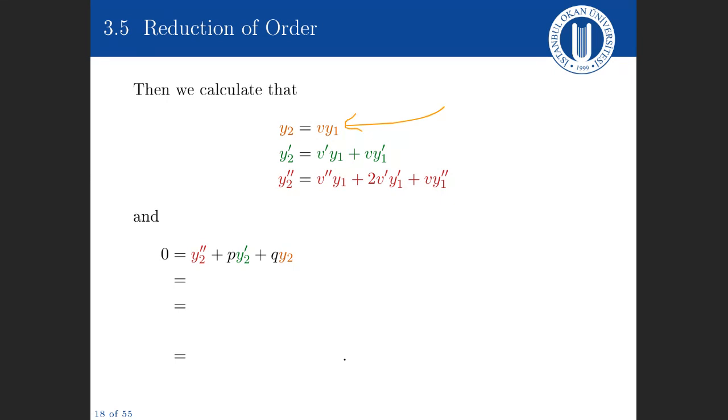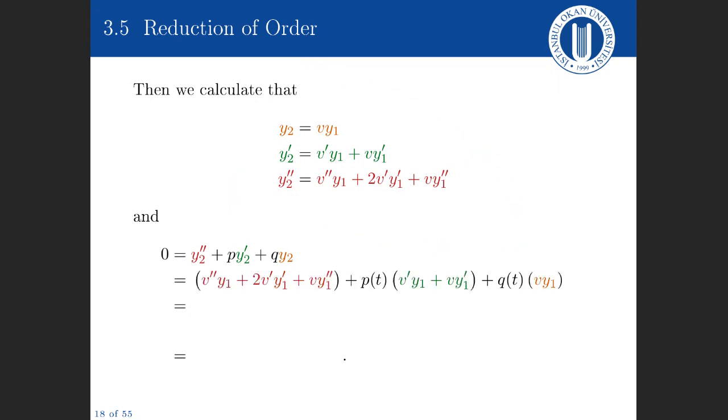We're going to differentiate this 2 times, and then we're going to substitute these formulae into the differential equation. We're starting with the equation that we want to be true. We want to have y2'' + p y2' + q y2 equal to 0, where p and q are functions. And we want to find an equation for v.